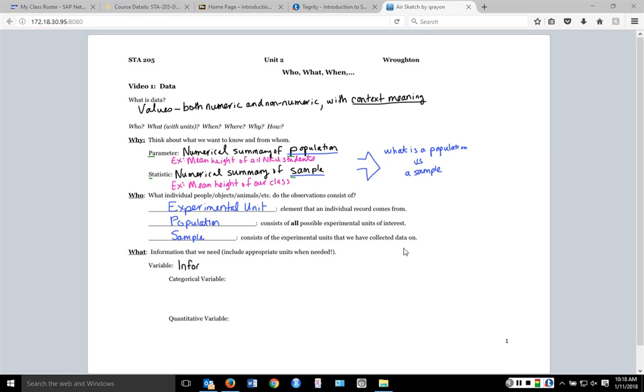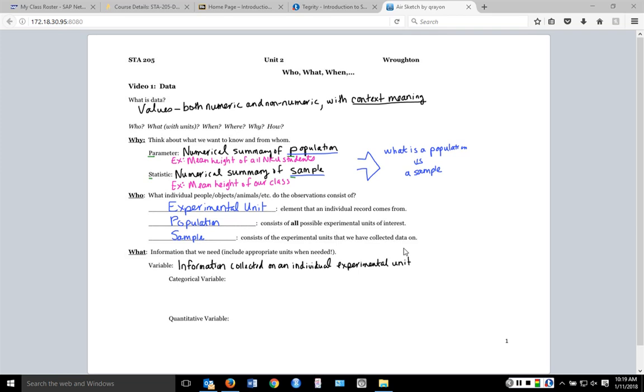And this is the information that we collect on an individual experimental unit. And it's in part that the individual part is important as we go.